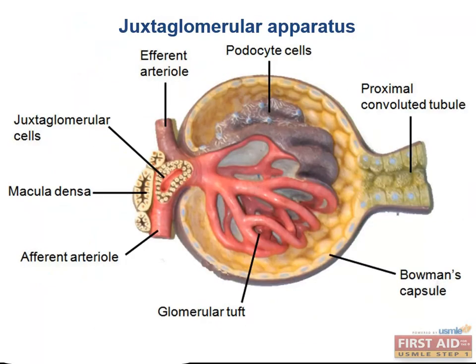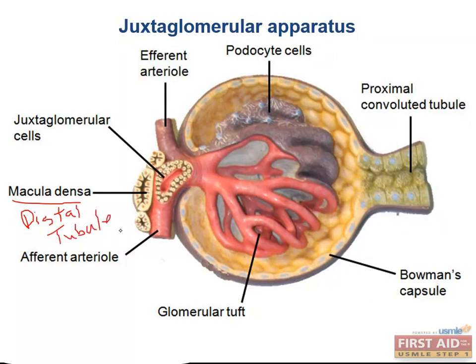Let's briefly talk about the juxtaglomerular apparatus. This collection of cells serves as a sensor and feedback system to maintain blood pressure. Now, the macula densa cells, which are part of this apparatus, detect the concentration of sodium in the filtrate in the distal tubule. So these are actually cells in the distal tubule.